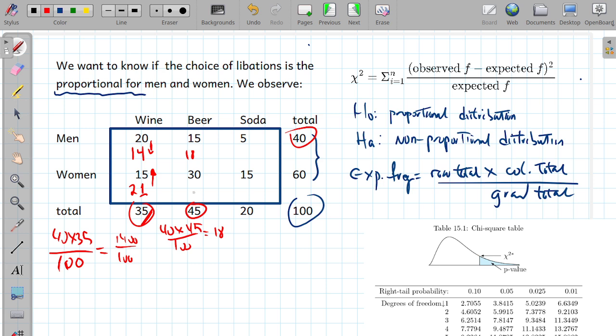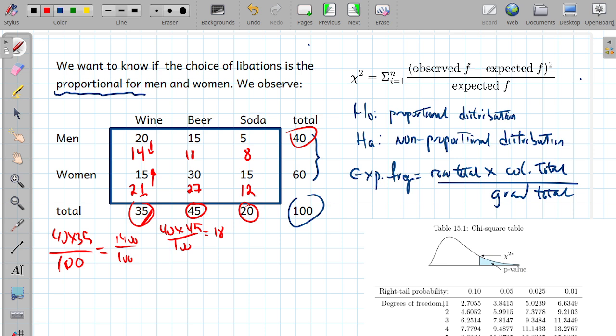So this one went up by 3, this had to go down by 3. Otherwise, the math doesn't work out. Now let's go over here. Here's 20. So now I got 40 times 20, that's 800, divided by 100, so this is going to be 8, and that means this has to be 12. There we go. So we don't have to be totally reliant on calculators to do these things, although it helps.